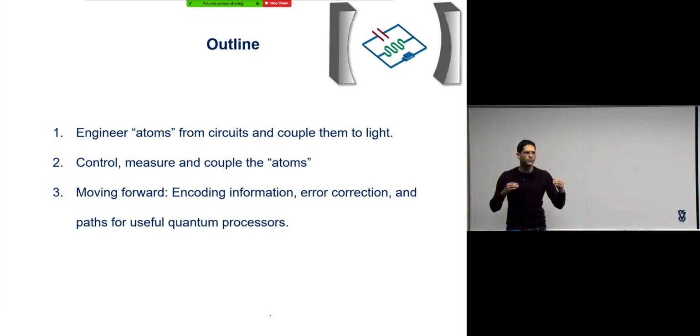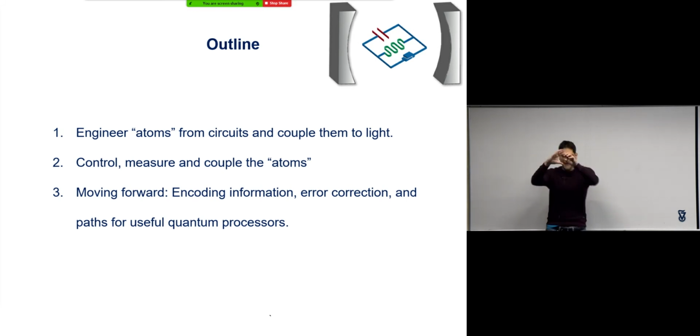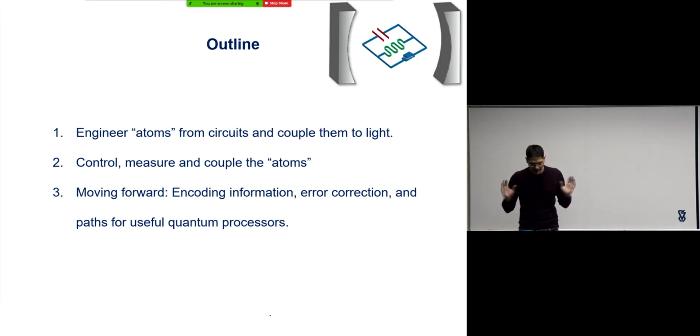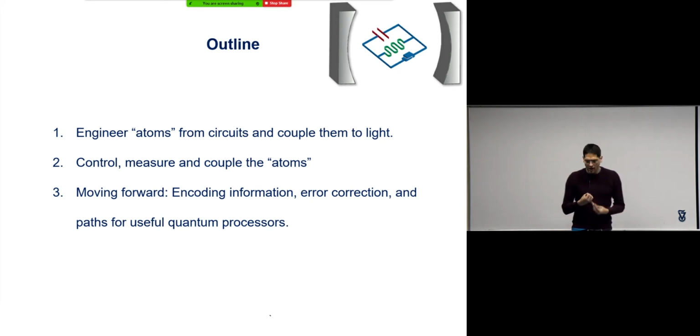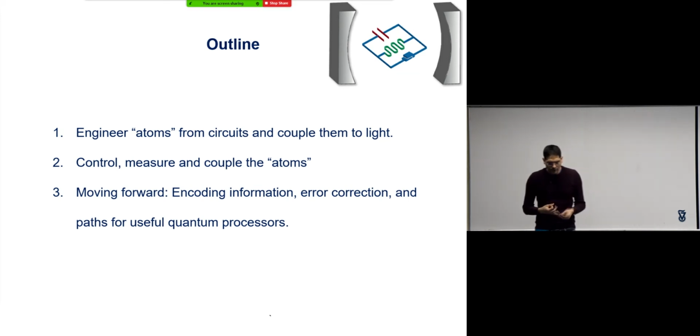This brings us to the picture of a circuit inside a cavity. The only difference is it's not a flying atom, it's just sitting there, immobile. It can't move. It's sitting there on a chip and it's stuck in this cavity. Afterwards, we're going to talk about how to control these two-level systems, how to measure them, and how to do couplings between them.